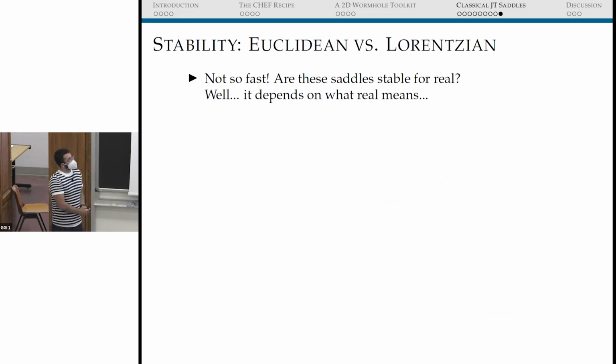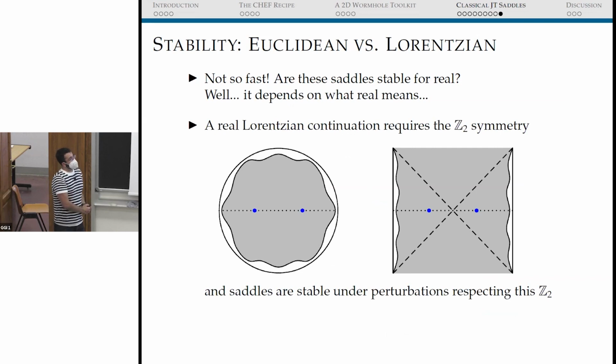They are stable only if you consider perturbations which allow for a Lorentzian continuation. Let me explain it more. We were assuming some C2 cross C2 symmetry because it was simple for our numerics. There's another reason for why we would like one of the C2 symmetries to exist.